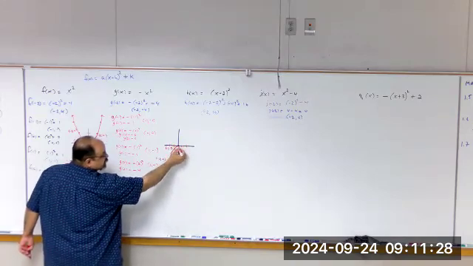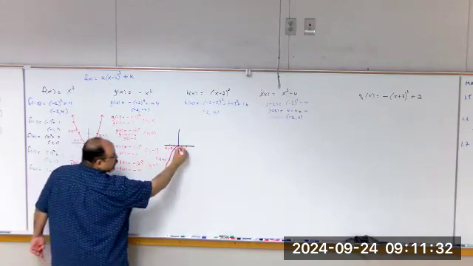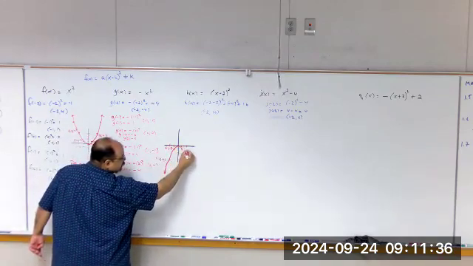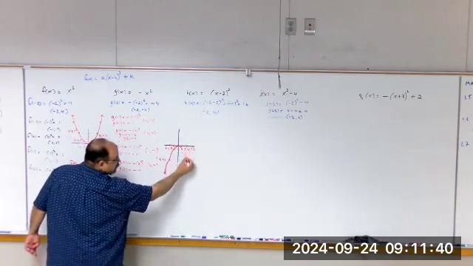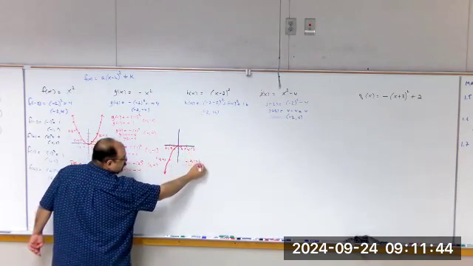And then once we get to 0, the next point over, we plug in 1, and we go back down to negative 1. And then when we plug in 2, we're going back down even further, to negative 4.